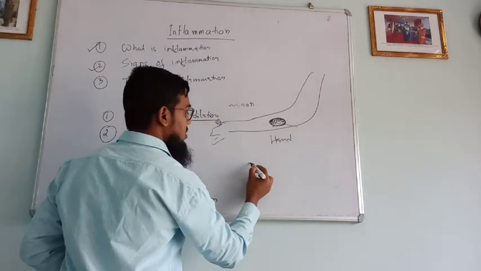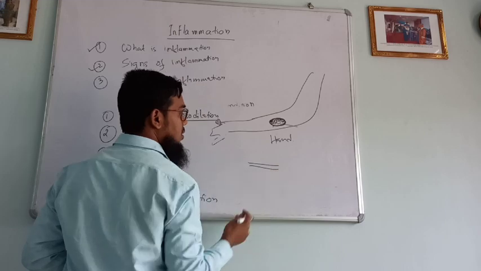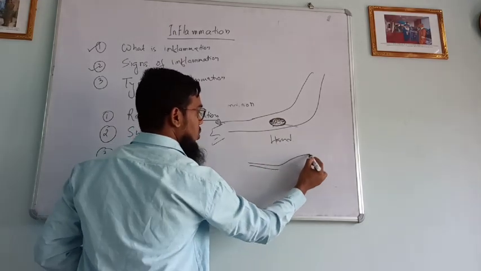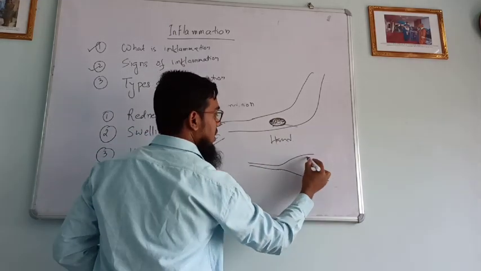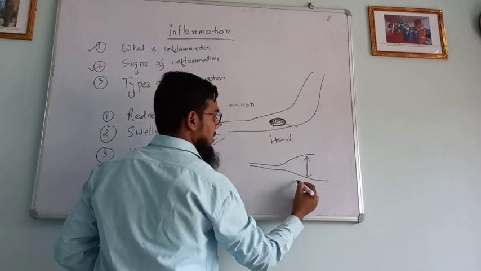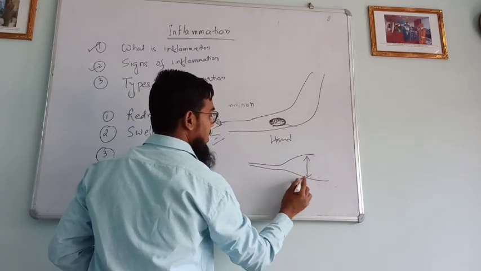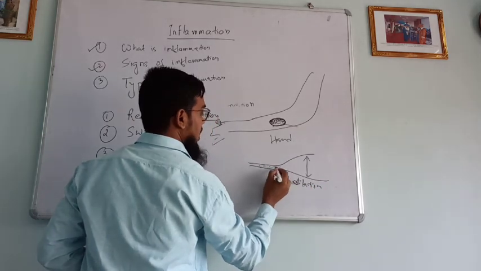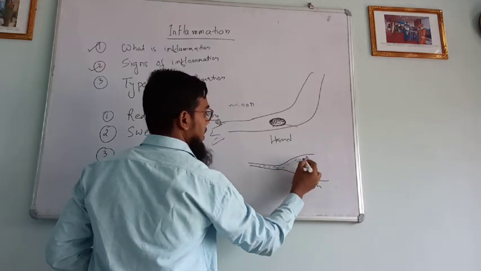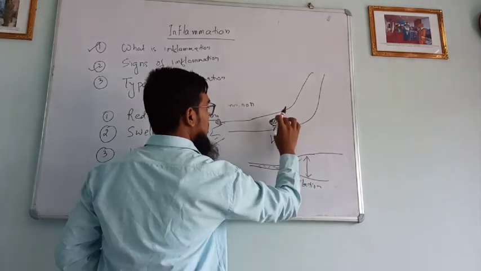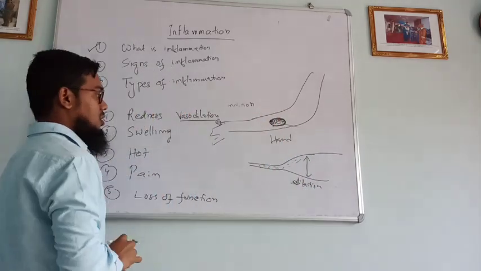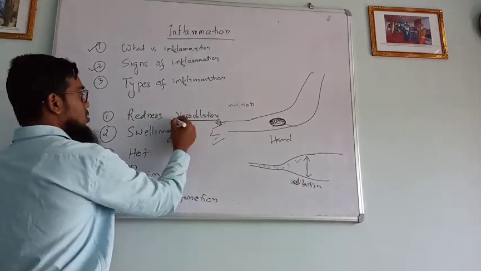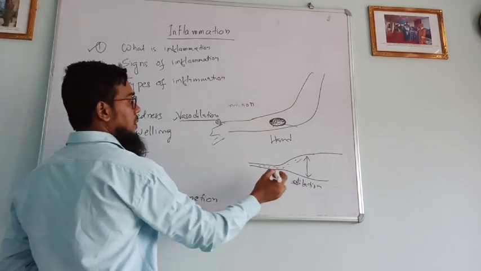Suppose this is a blood vessel in a particular region, and this blood vessel will dilate. The diameter of the blood vessel will increase. That is called dilation. Arteriole will dilate. Blood vessels will dilate in particular. That is called vasodilation. So due to this vasodilation, what happened?